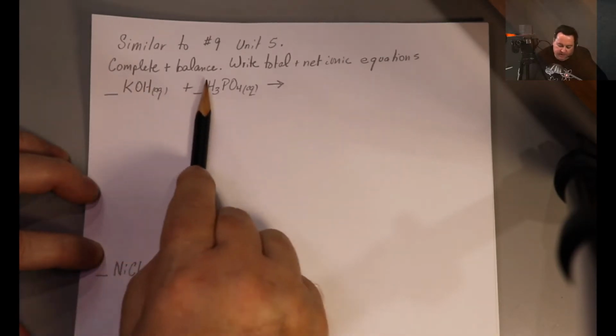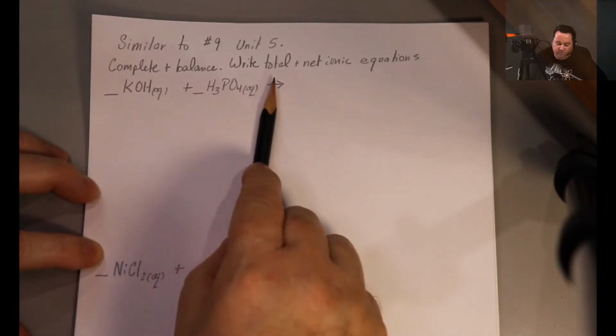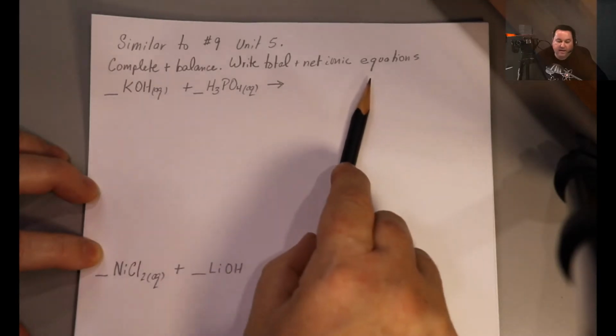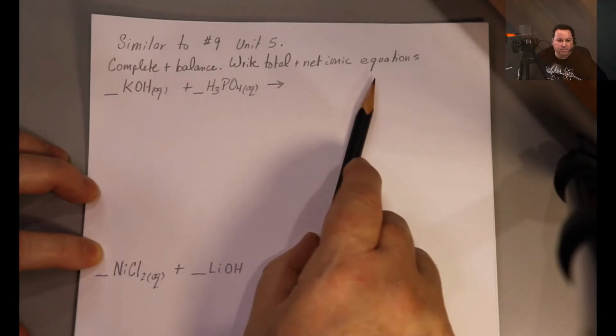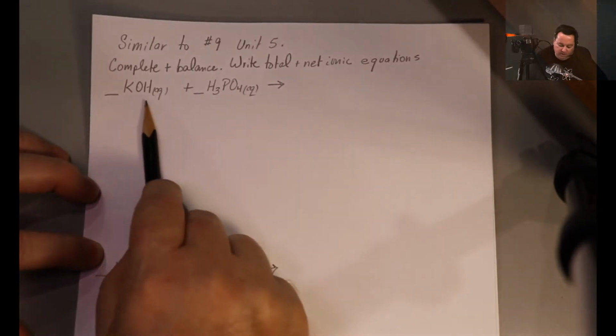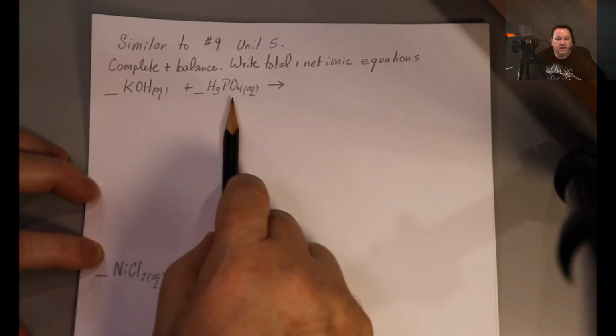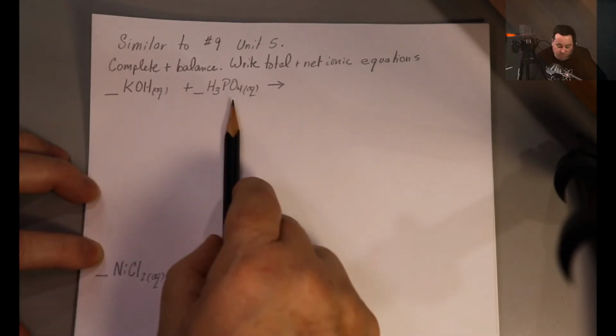You're going to complete and balance, so a little bit more work to do here than in the workbook question. And you're going to write the total and net ionic equations. So when we examine this reaction, we see that it is a double displacement neutralization type reaction.